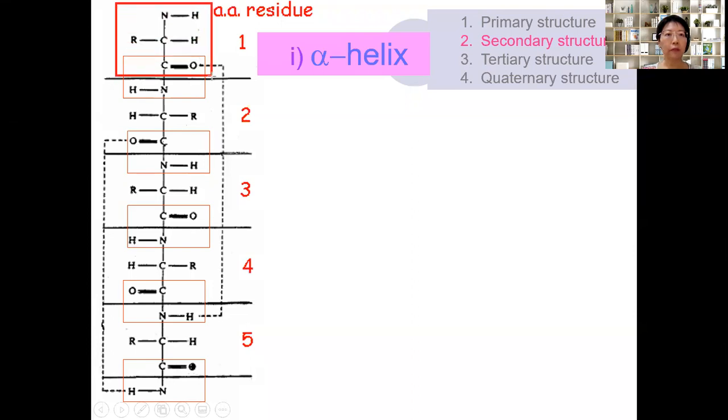Can you see this is the first amino acid because you've got the NH here, amine group, and the central carbon, and then to the right side of the central carbon is the carboxyl group, so amino acid. So this is the first amino acid residue. This is the second one. This is the third one, and so forth. You've got the fourth one here.